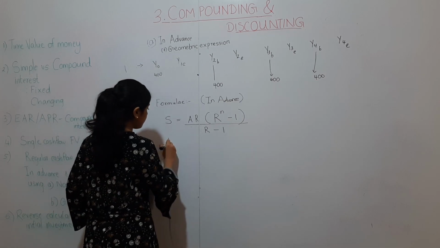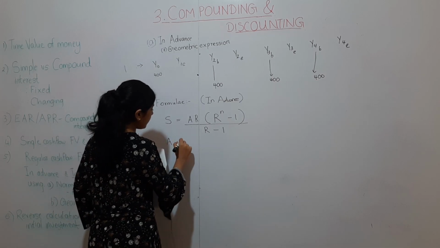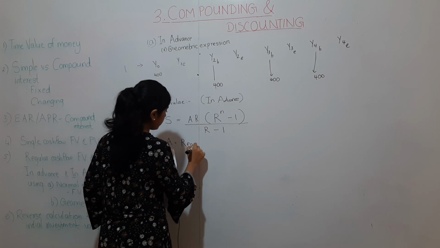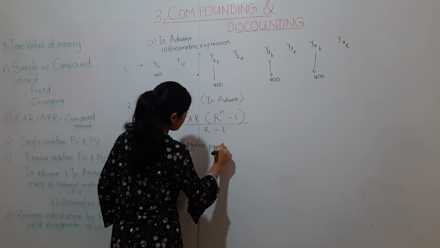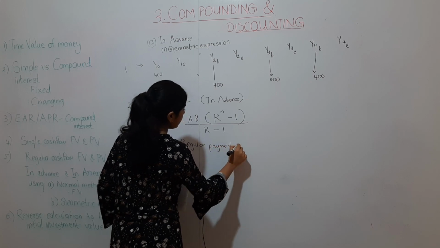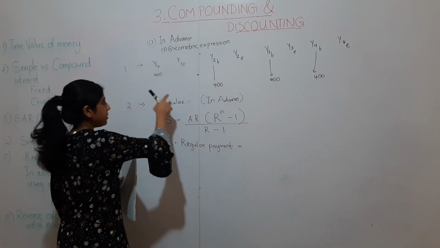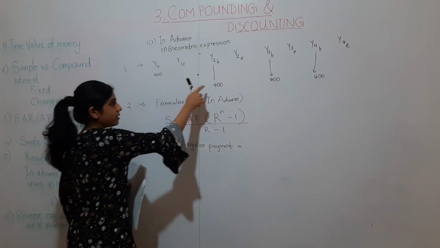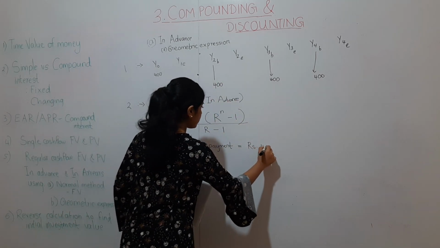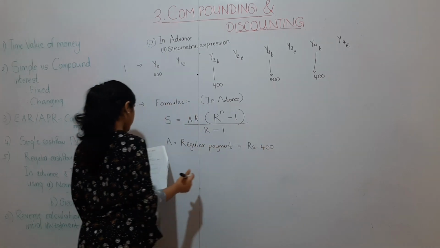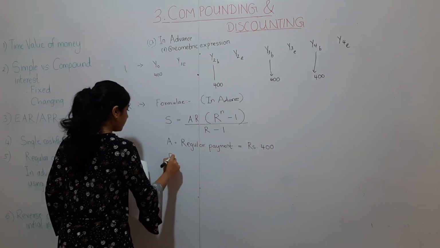A stands for the regular payment we make. What is the regular fixed amount we make every year? In this case, regular payment is 400 rupees. What is capital R?